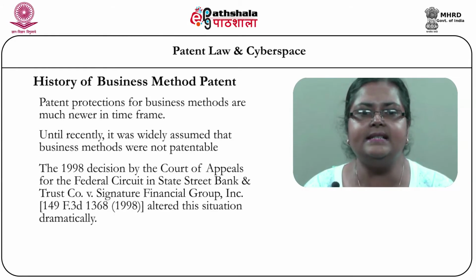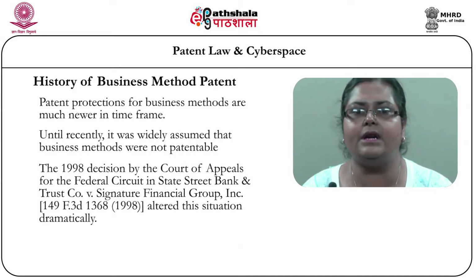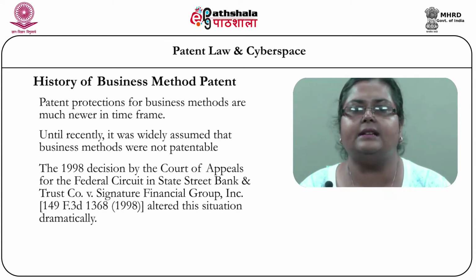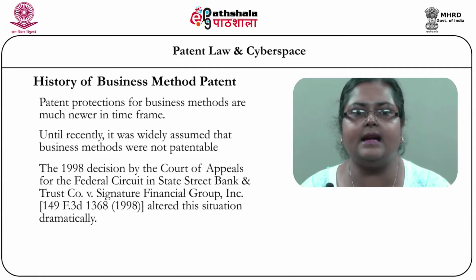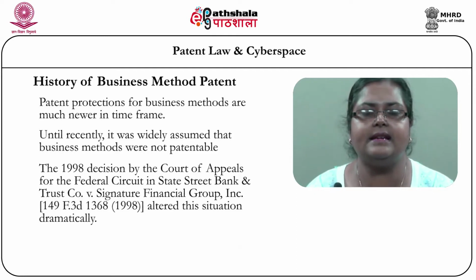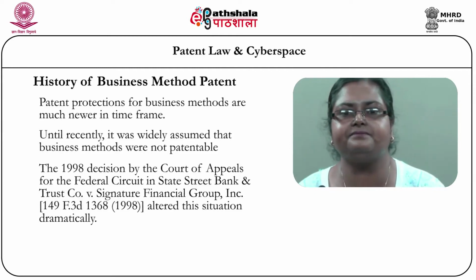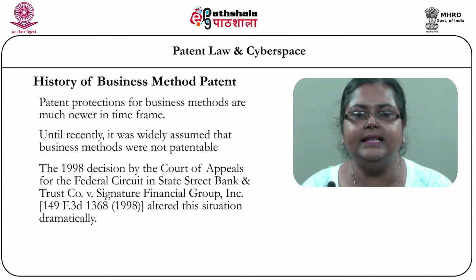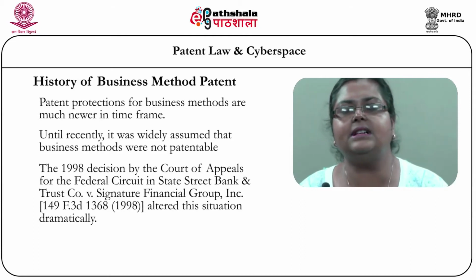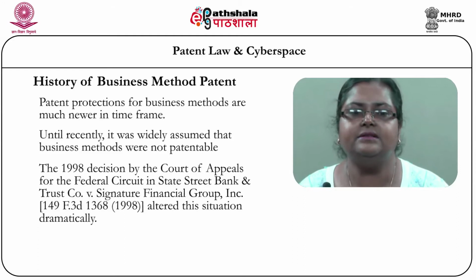In the year 1998, there was one decision from the Court of Appeals for the Federal Circuit in the case of State Street Bank and Trust Company versus Signature Financial Corporation. This particular case altered the situation dramatically.